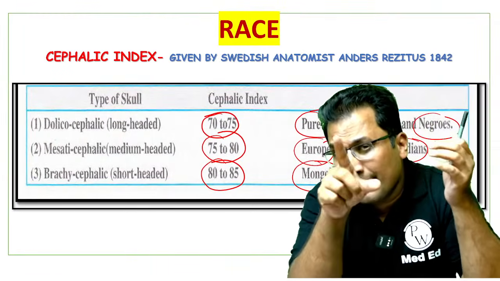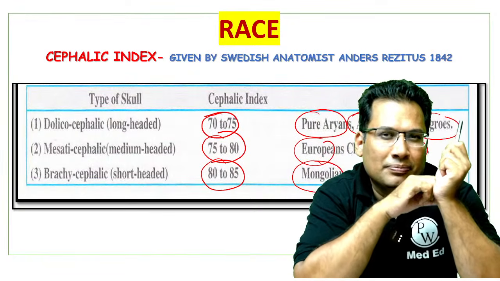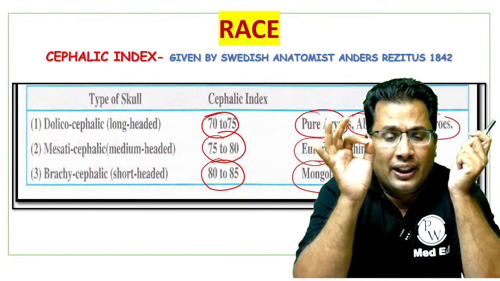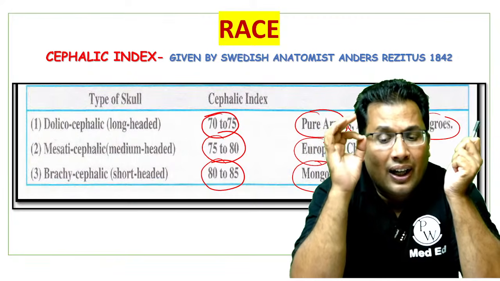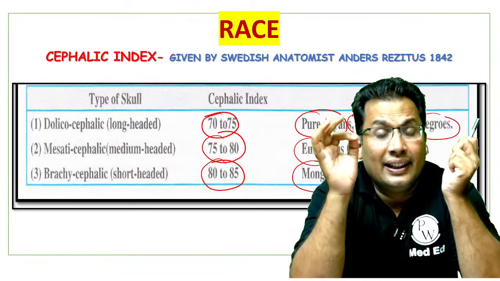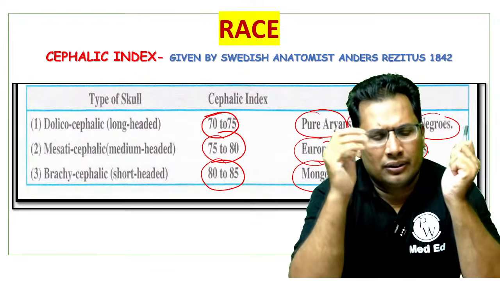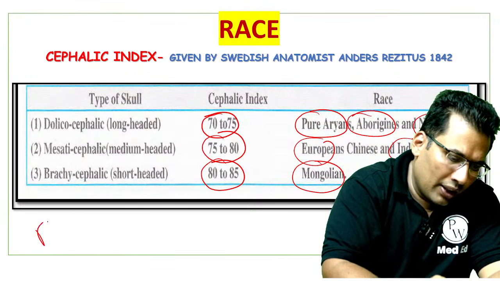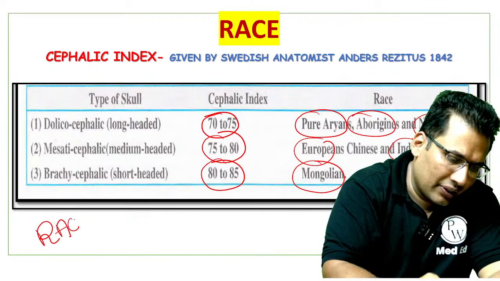Anterior posterior diameter is minimum in brachycephaly. It was first explained by Swedish anatomist Retzius in 1842, long back. It's basically estimation of the race.